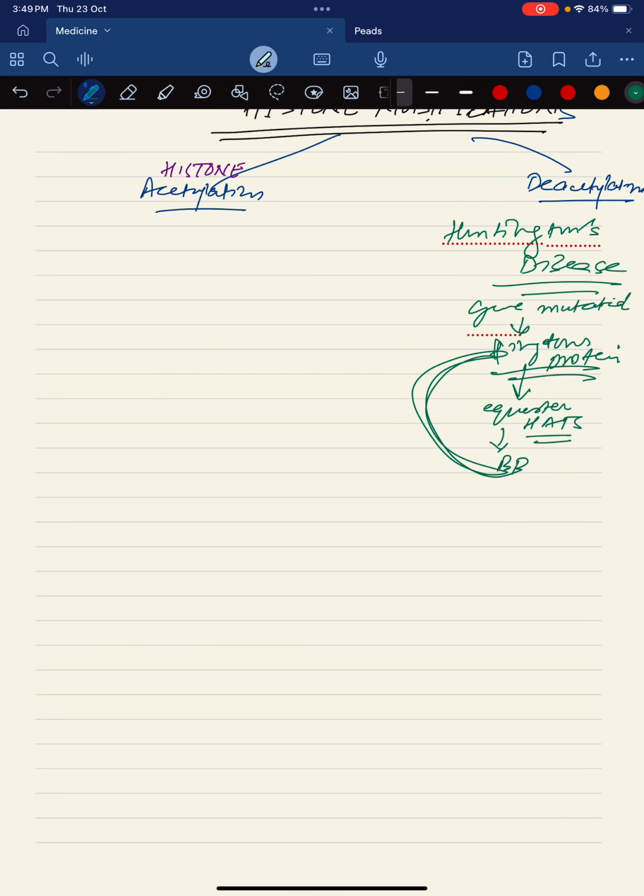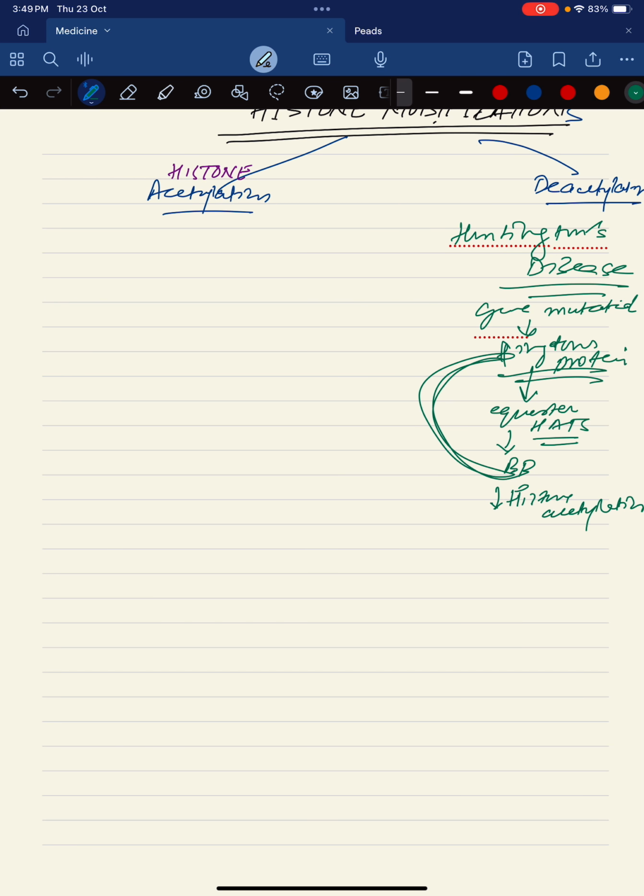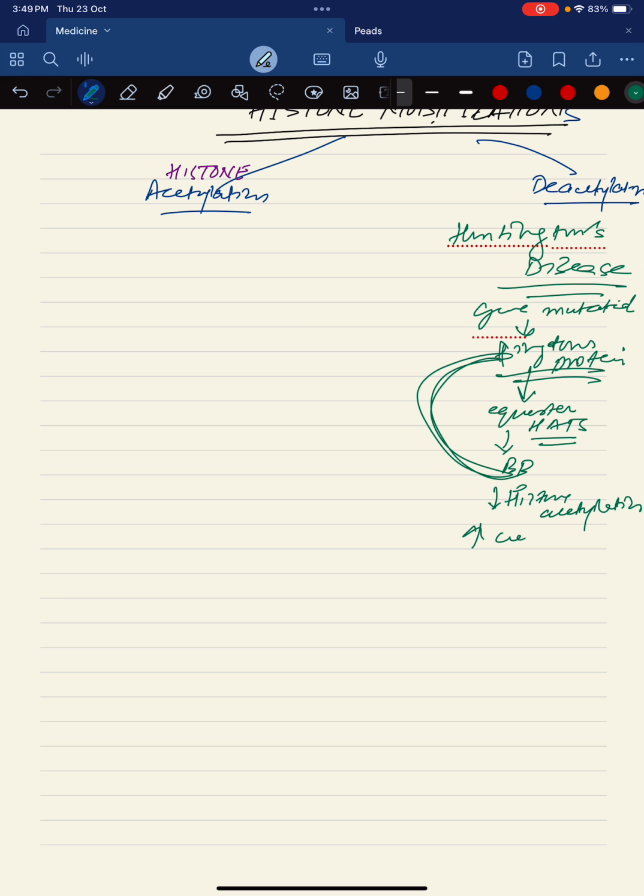So there is a decrease in histone acetylation and more gene silencing, right? So there is no more transcription, the genes are more compact now, not available for being transcribed. So again, the mechanism is all very clear, but just remember that there is decreased histone acetylation going on in Huntington's disease that results in more gene silencing ultimately.